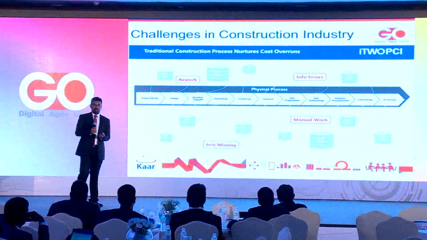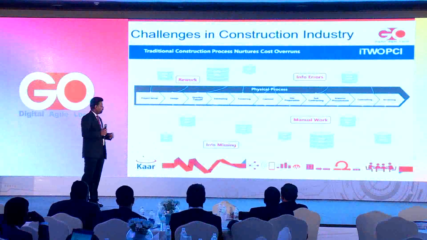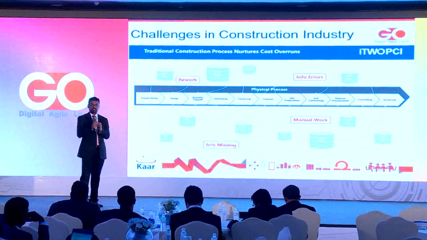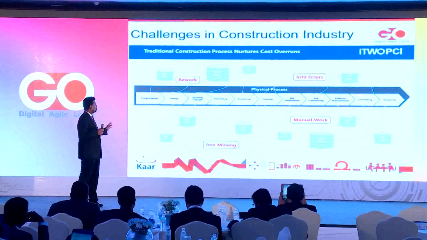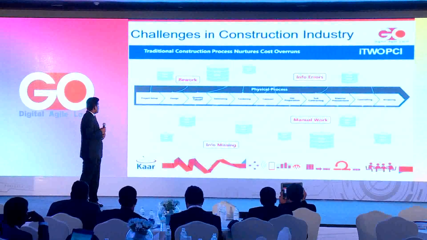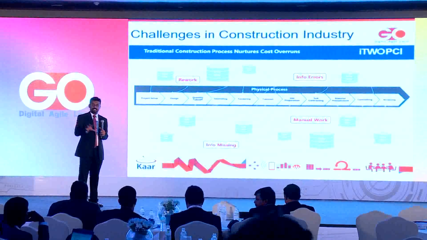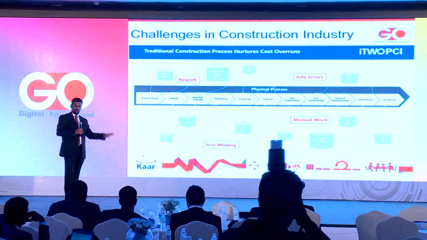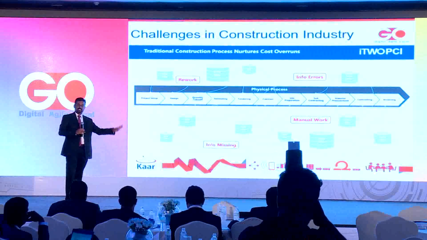So why this problem? When we go a little bit deeper, we understand that the problem is because the different functions of the construction industry work in silos. There is a team who does the design part and they work in a silo. There is a team who does the estimation or bidding, they work in a silo, and the project execution team has a different software to work with, and they take the project from there.